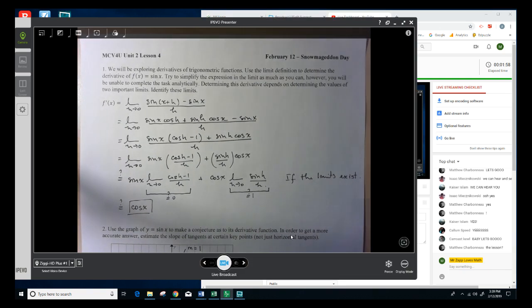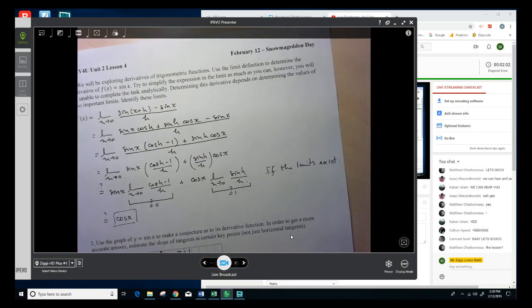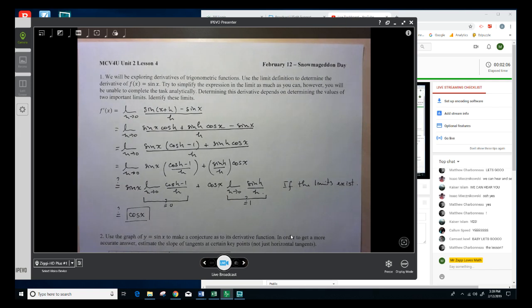All right, so can you see the sheet here? What we're trying to do here is to find the derivatives of trigonometric functions.